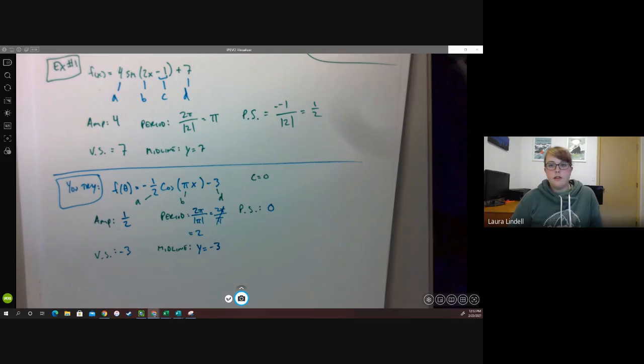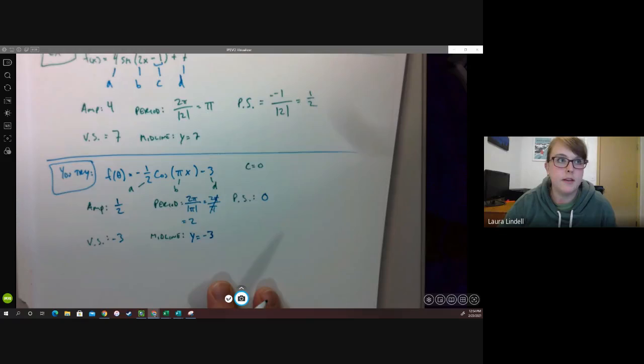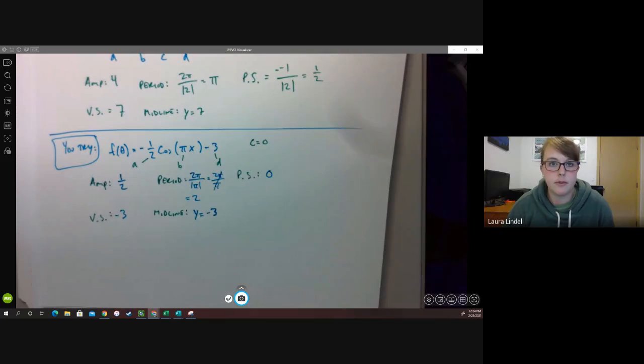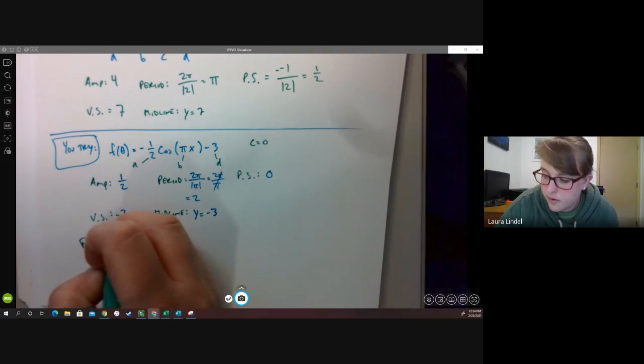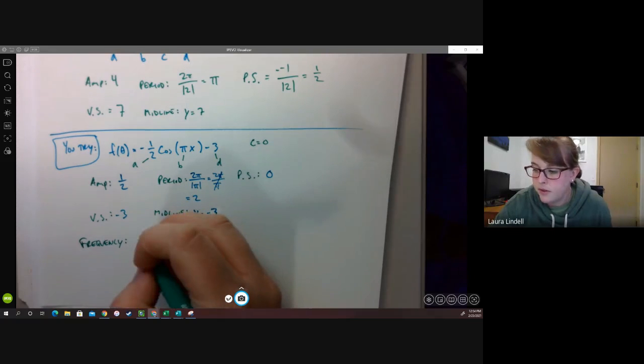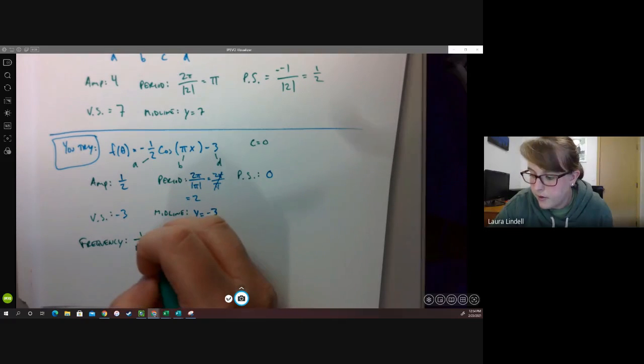Okay. There is one that I left out. It's the frequency. If you've taken physics, you might have heard about frequency, or other science classes, maybe in your freshman science or middle school science. Frequency, usually when you're talking about waves and things like that, right? So frequency is just the number of cycles per second. So frequency would just be 1 over the period.